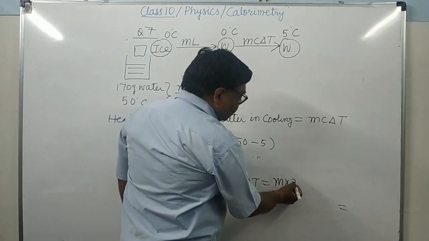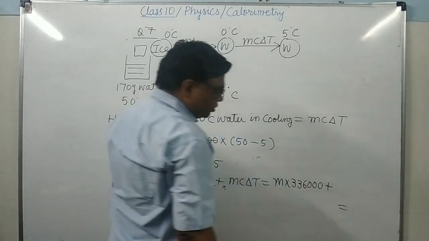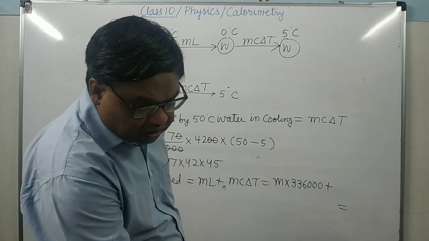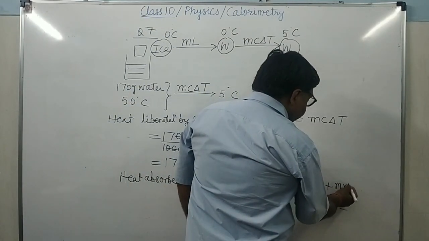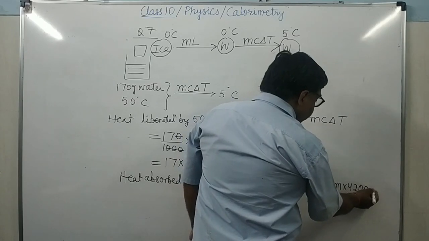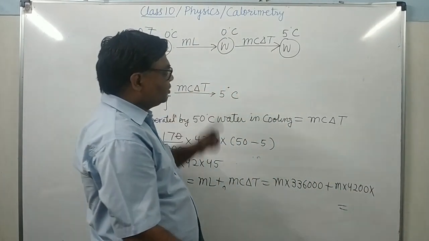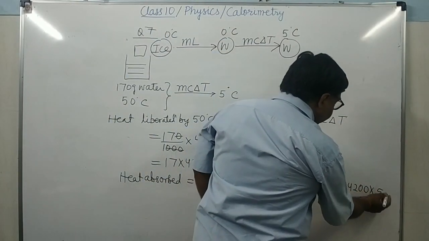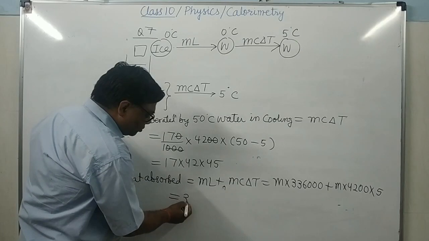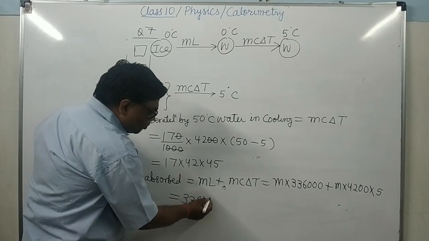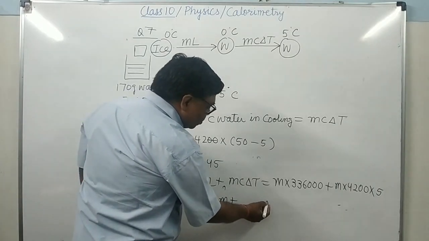L is given 336,000, so it is 336,000 m plus m into c, c is given 4200, and delta T is how much? 5 minus 0, that is equal to 5. So you simplify.